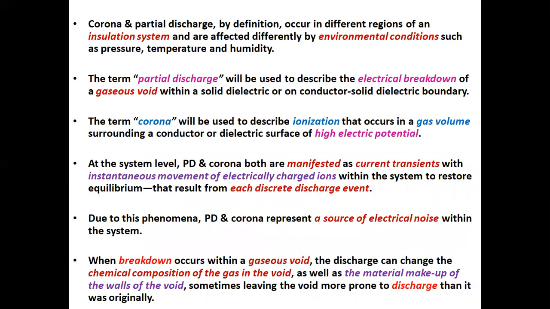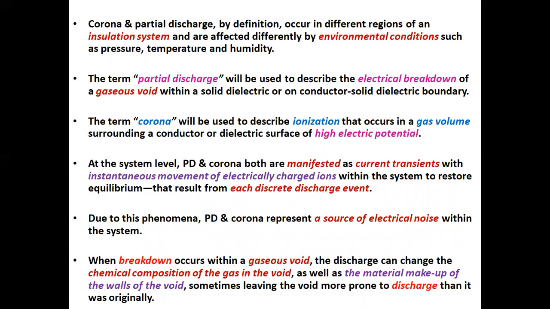The term partial discharge will be used to describe the electrical breakdown of a gaseous void within a solid dielectric or on a conductor-solid dielectric boundary. The term corona will be used to describe ionization that occurs in a gas volume surrounding a conductor or dielectric surface of high electric potential.